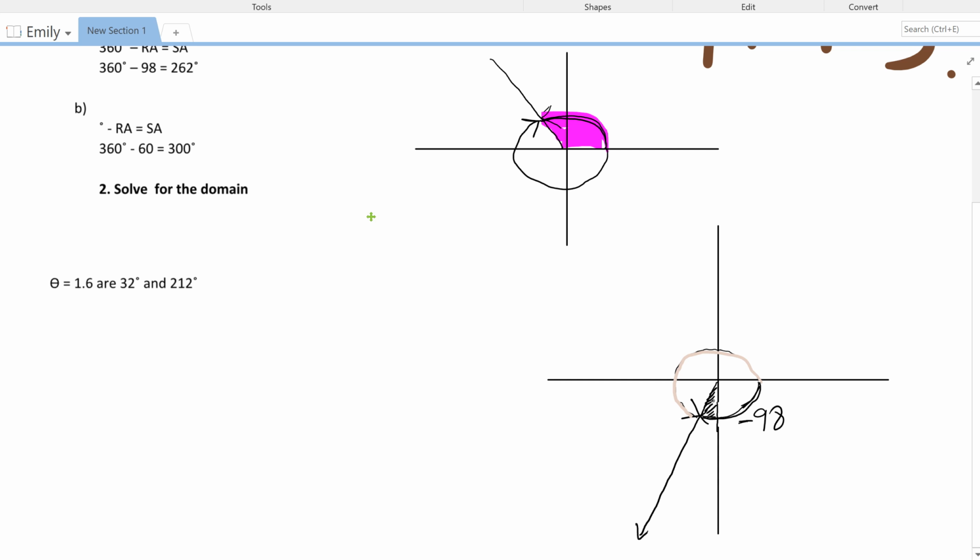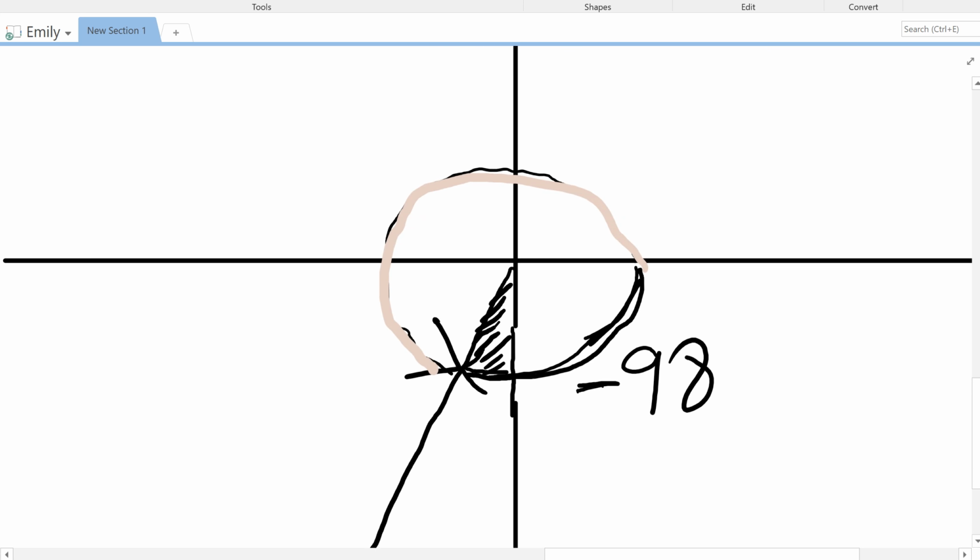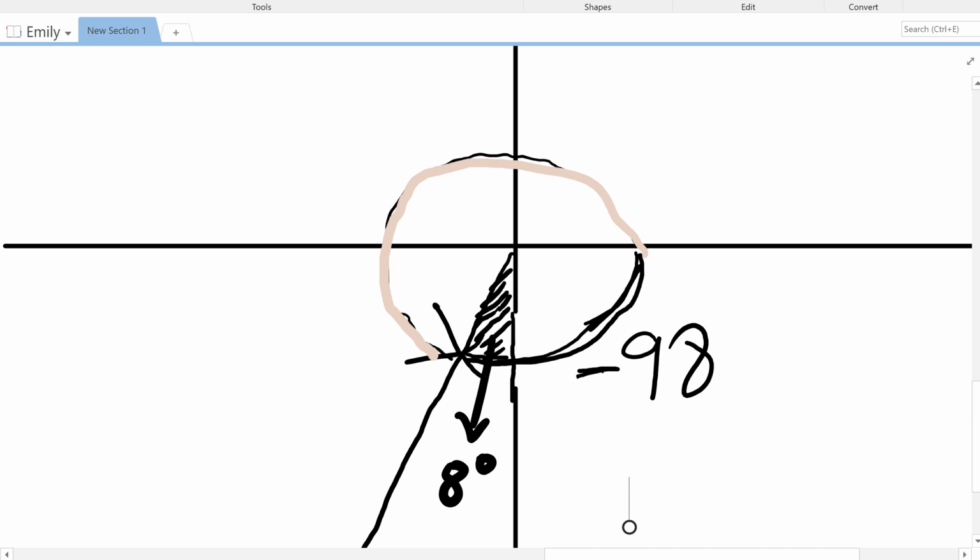Now, can you tell me what is that tiny angle right there? 8 degrees. Good. If that is 8 degrees, what would be this angle from here to there? 270 minus 8. Cool. So 262.